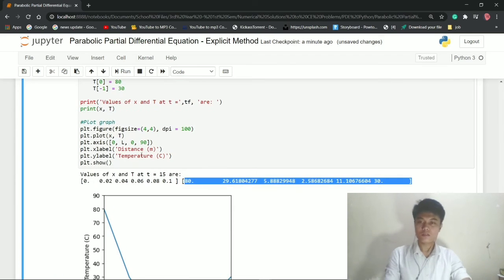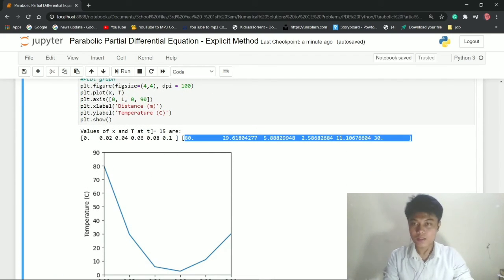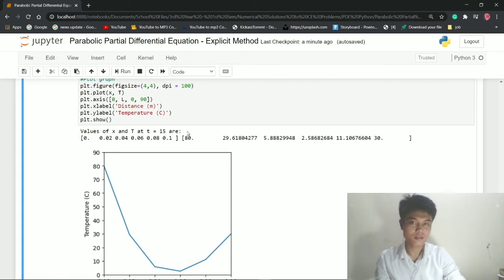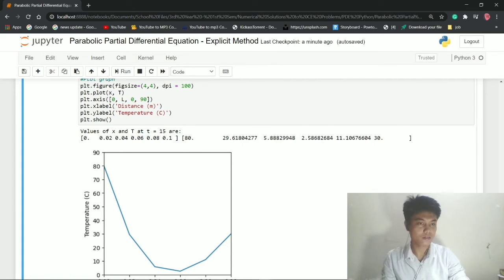So, yan. Na-plot na natin yung ating graph, di ba?